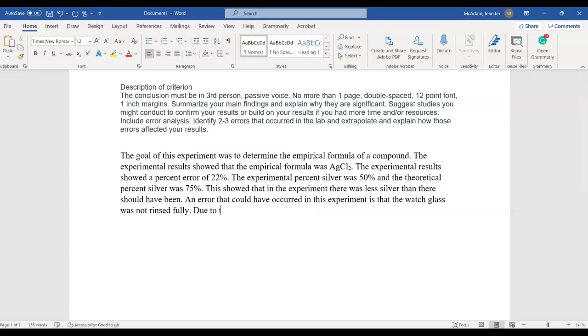And you can say, due to the watch glass not being rinsed fully, the experimental percent of silver was less than it should have been.